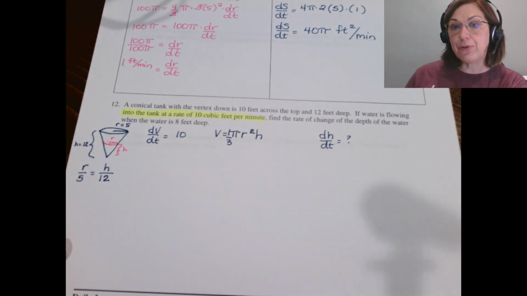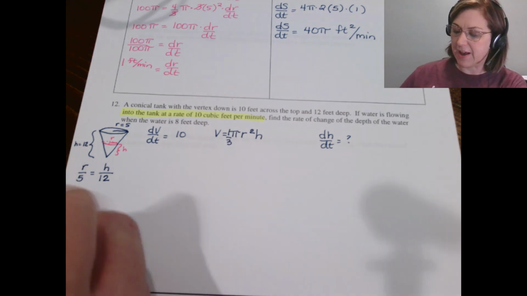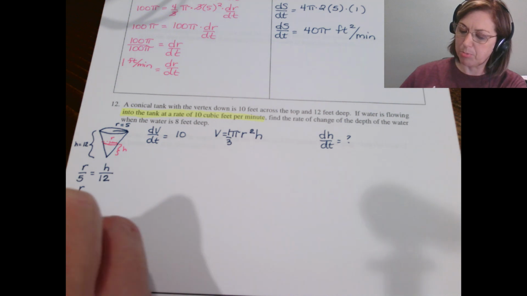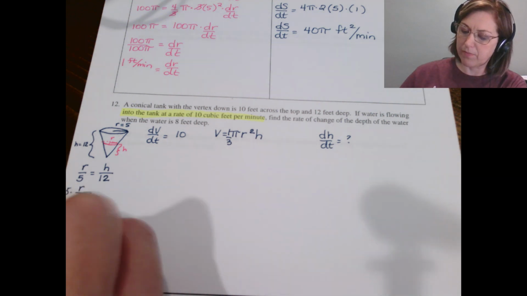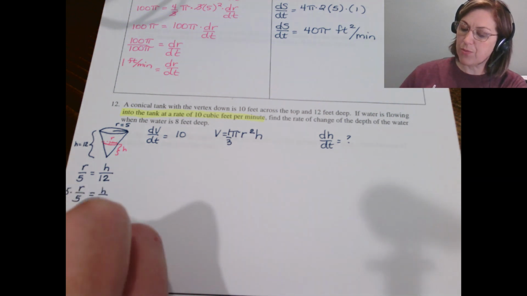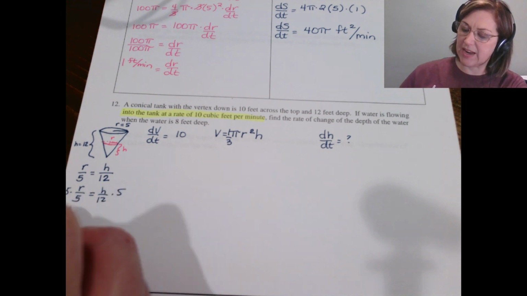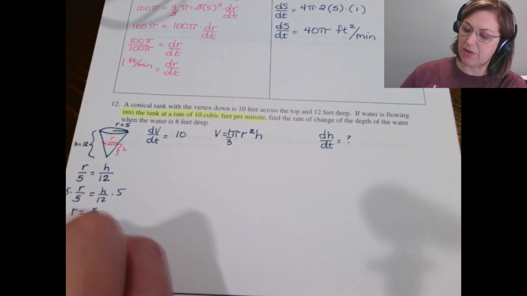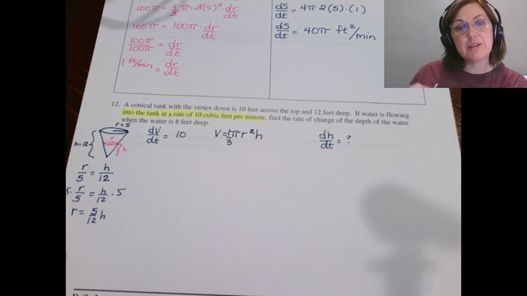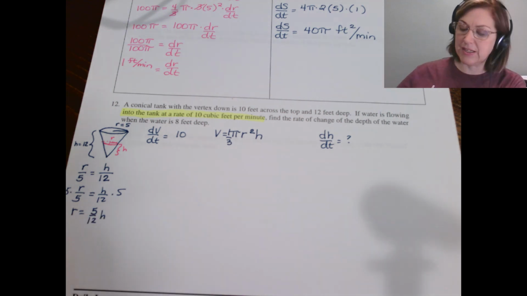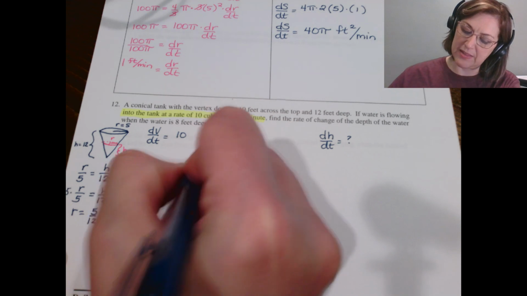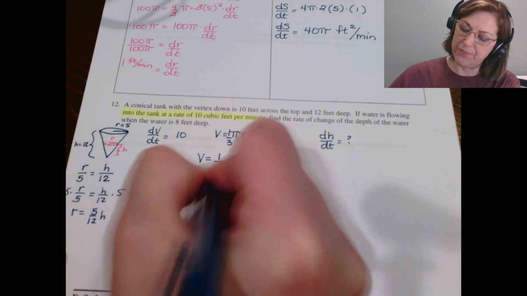Now I'm going to solve for the radius here by multiplying by 5. And the reason I'm doing that is so that I can get the radius by itself. And what I'm going to do is use substitution to eliminate the radius here.